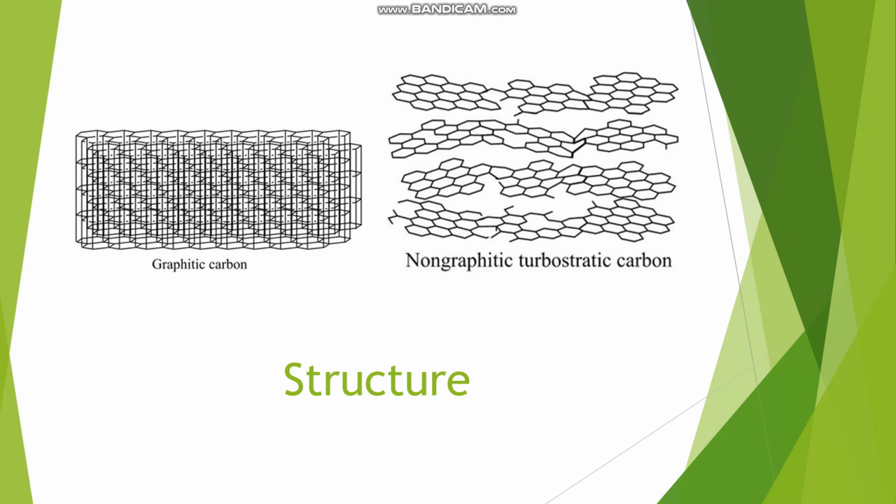If you're familiar with that, sheets of carbon are laid parallel to each other, and the plates are attracted to each other by van der Waals forces. There are so many van der Waals forces, all packed closely together, that it ends up giving carbon fiber its really high strength.